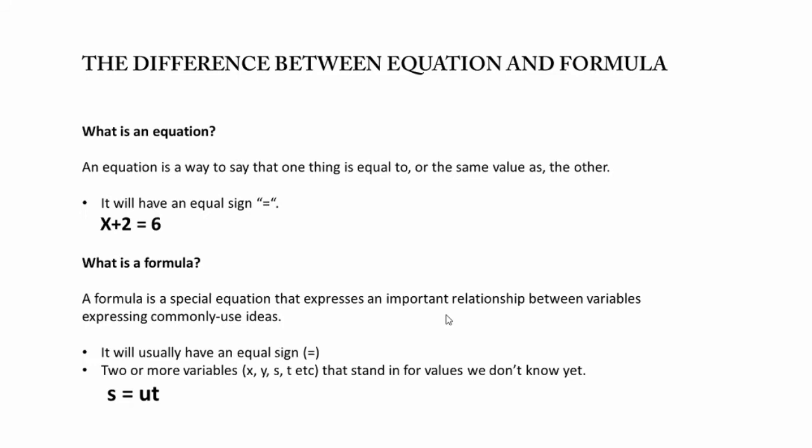Or it also may contain numbers and square roots or whatever that is. So two or more variables stand in for values we don't know. For example, we can say s equals ut or v equals ut. Well, before going deep down into the formula, let's clarify more about equation.